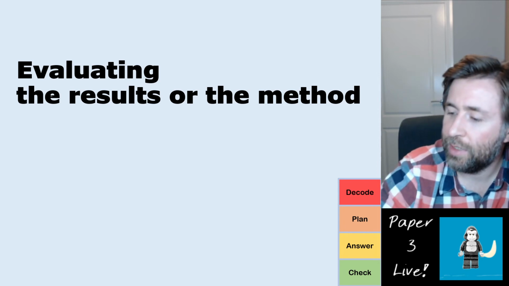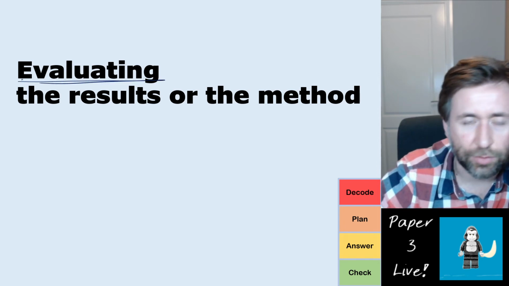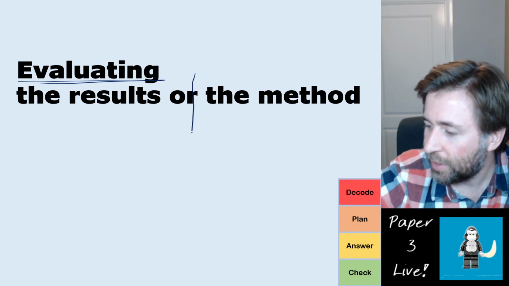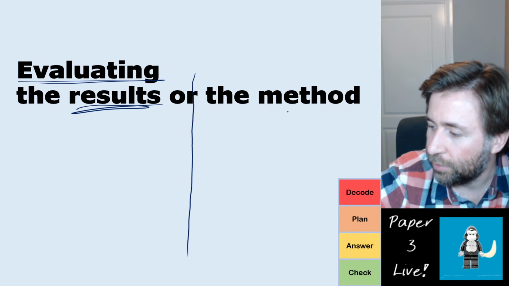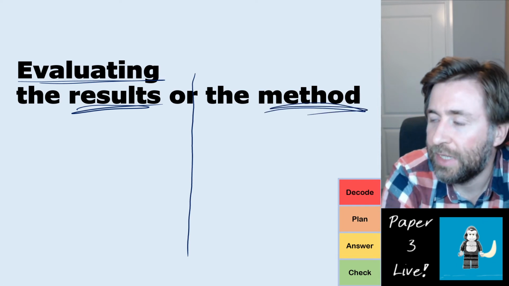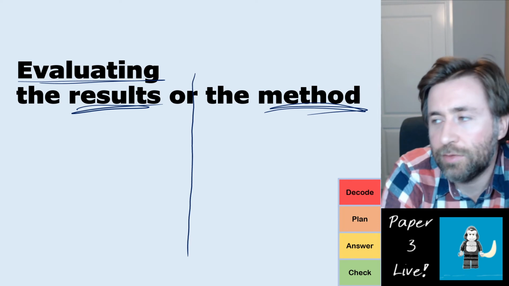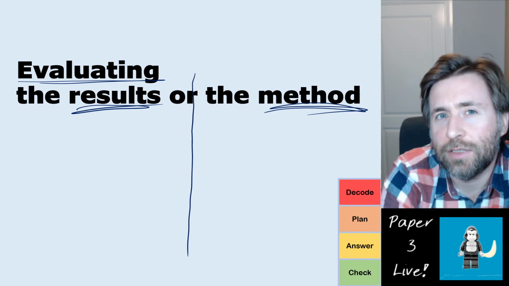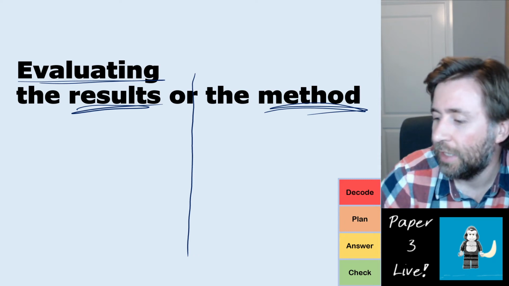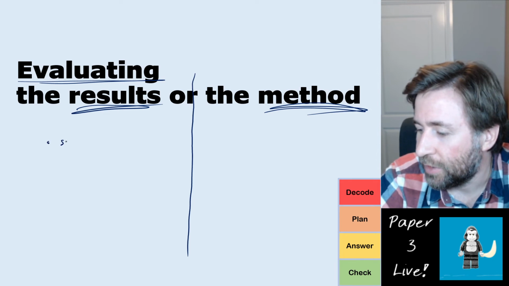So when they ask you to evaluate or improve or suggest what a student has done wrong, think very carefully about these two things again. Is it the results or is it the method that you are asked to evaluate and improve? Very often they'll give you a table of results and ask what the student has done wrong when recording their results. It might be the number of sig figs. They might have miscalculated a mean.